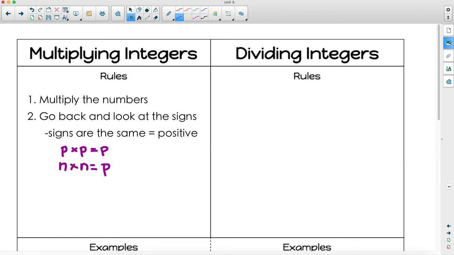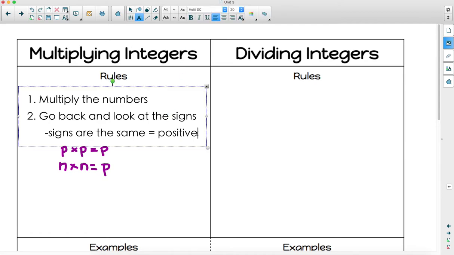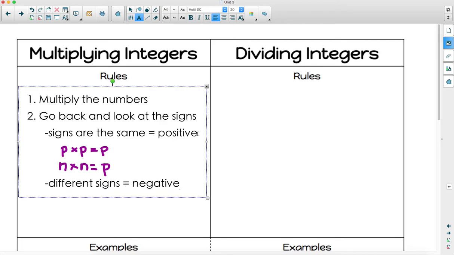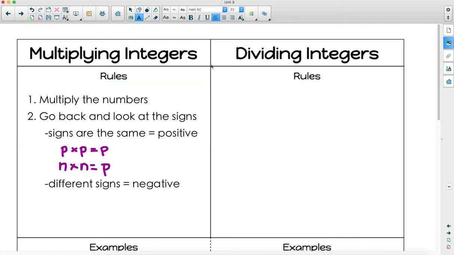Now we're going to talk about when signs are different. It always equals a negative. It does not matter which one's larger, which one's smaller. If the signs are different, it's a negative answer.